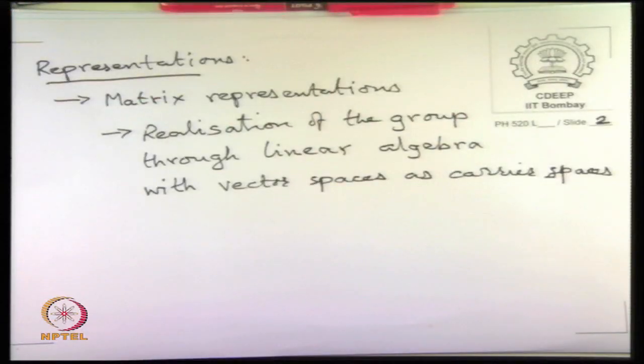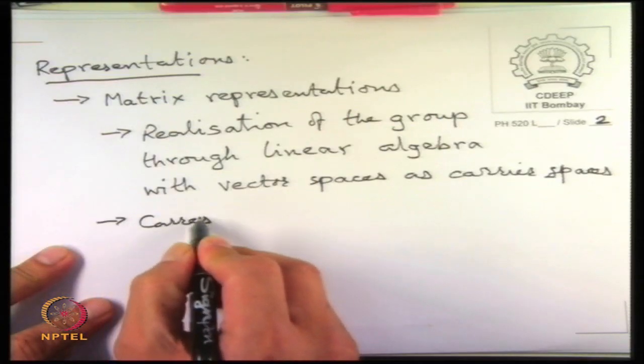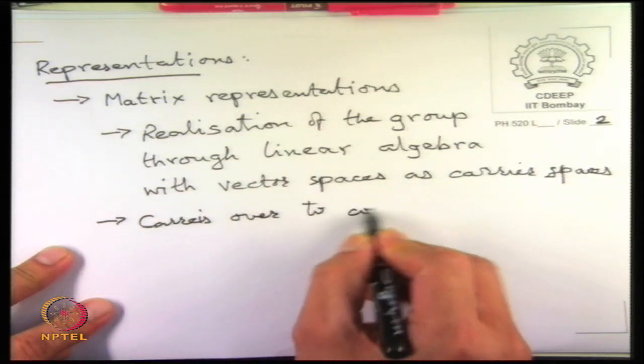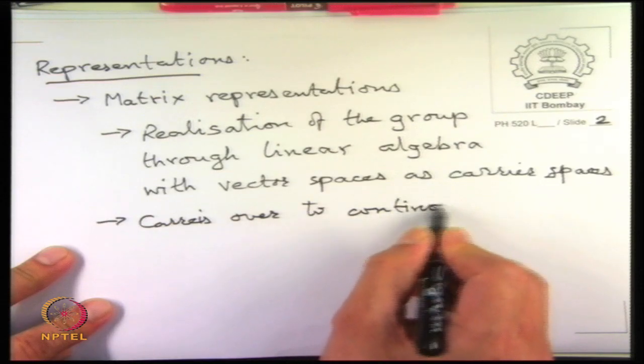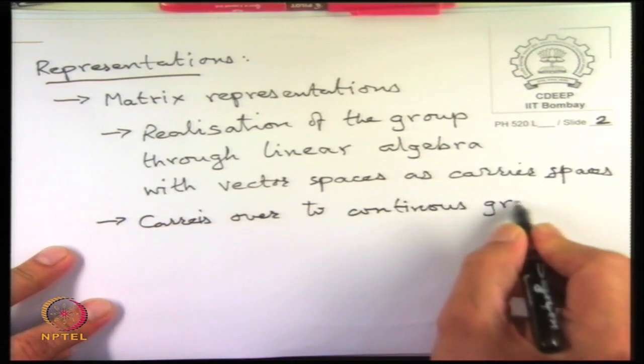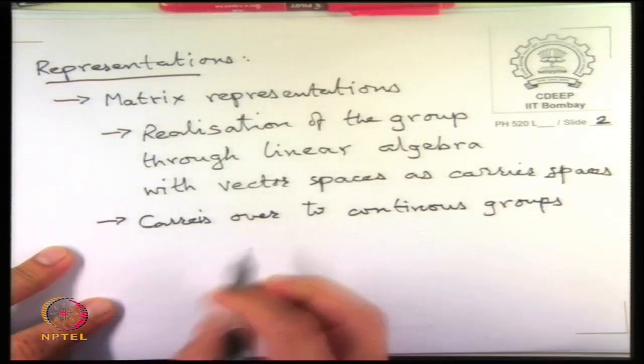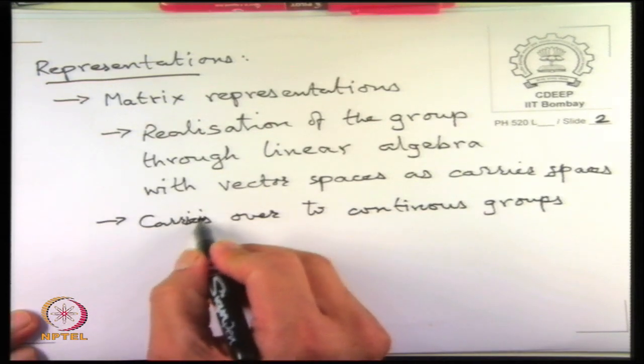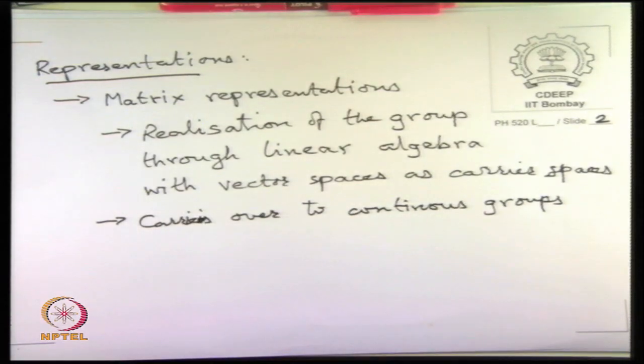Whereas this particular matrix representation idea carries over to continuous groups more or less, with only the special things being different, again with some changes due to continuity conditions.